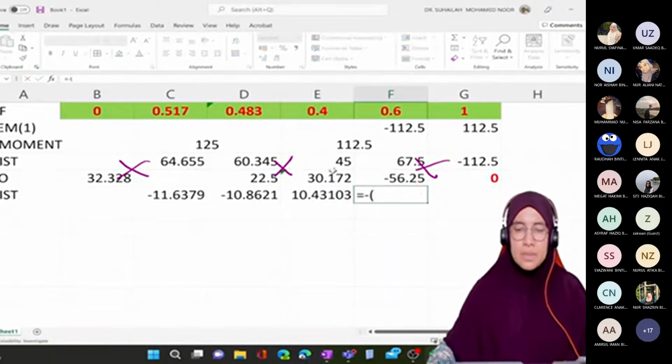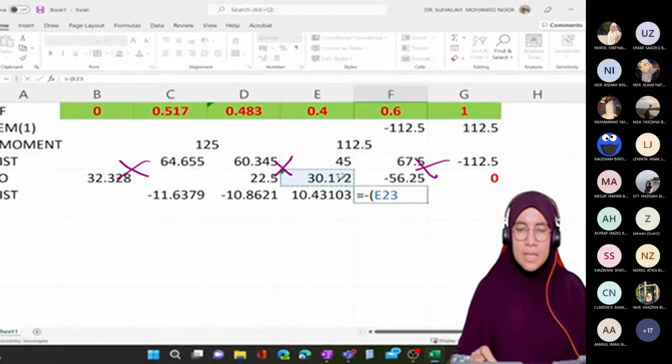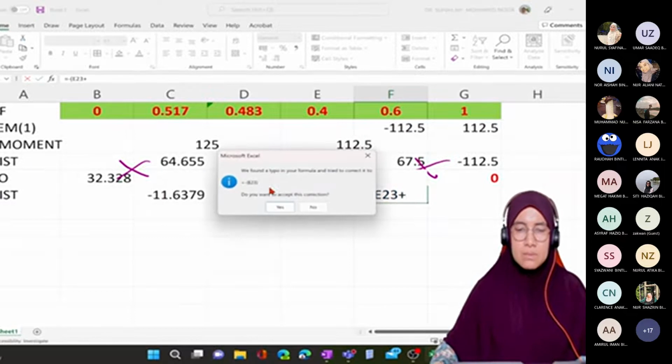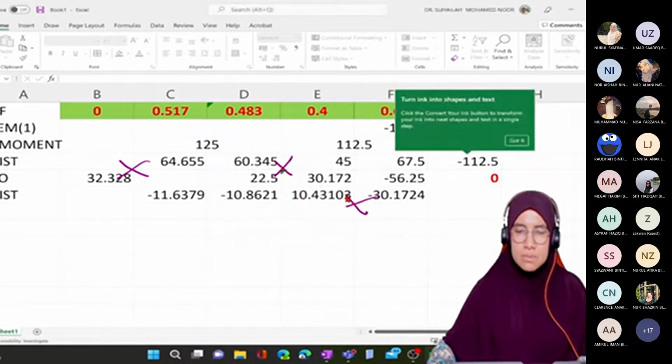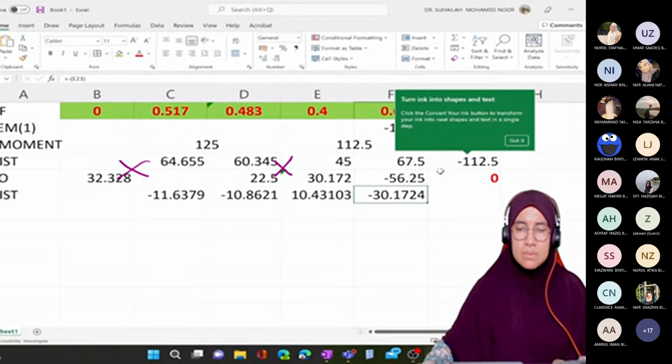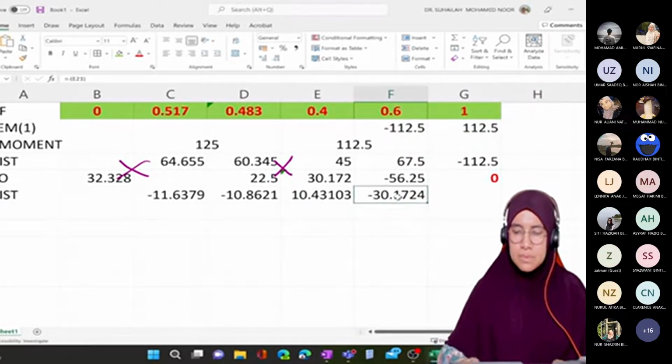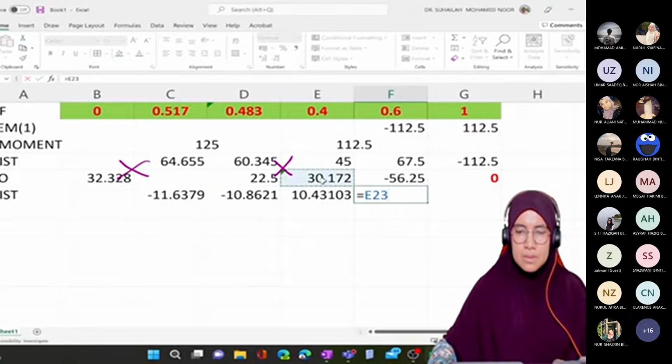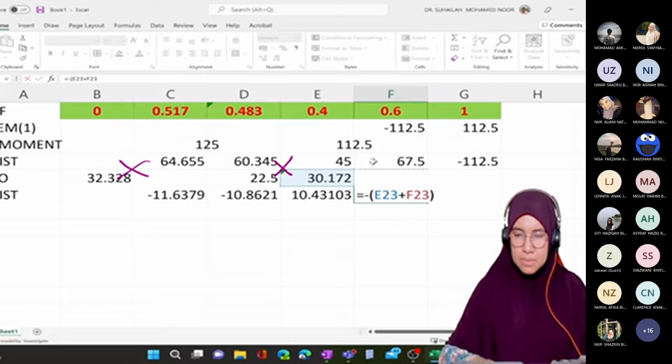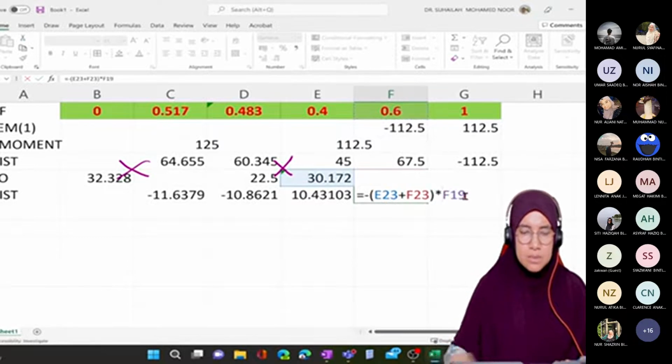Okay, 30 plus 30 plus times the factor 0.6.